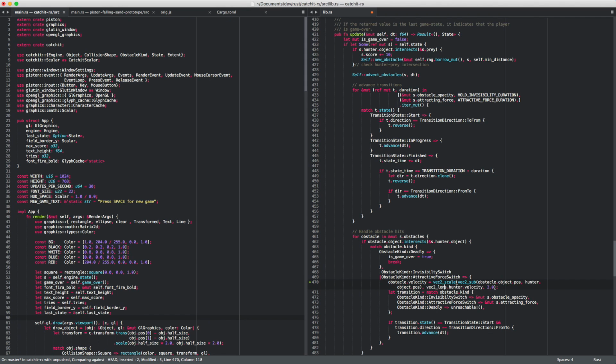Back to lengths. There we go. For now, unscale. So let's see. Back to sub. This one. And then scale against the length of the hunter velocity.